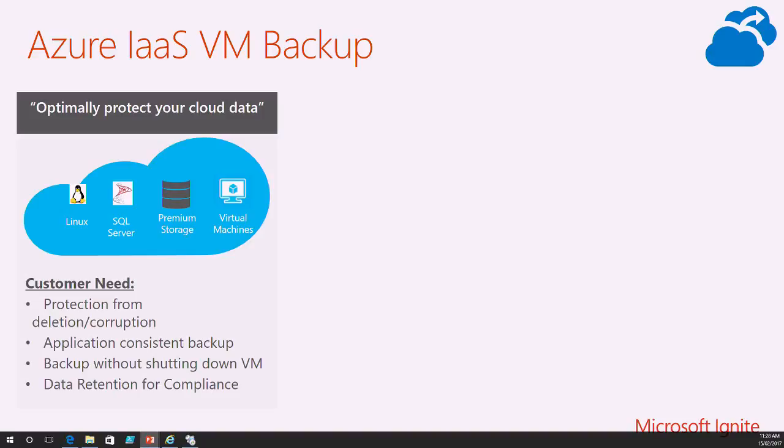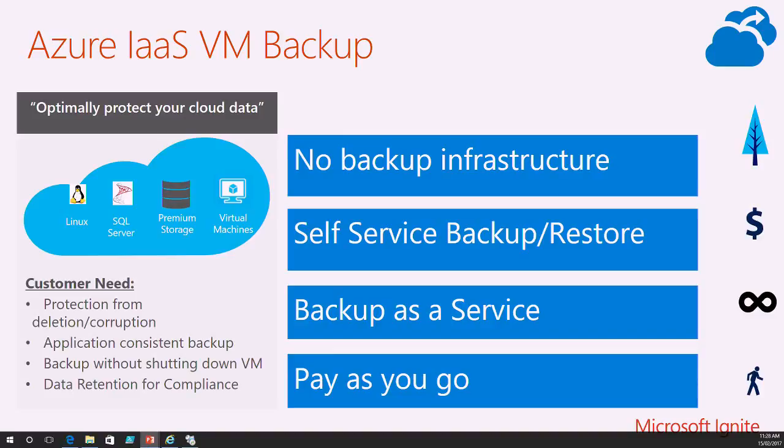With the Azure IaaS VM backup, it is very easy to deploy and use. We don't need any backup infrastructure. We can set up self-service restore and backup, and it's really backup as a service. We enable it, it runs, we can do our restore, and so on. So the costing model also follows that.